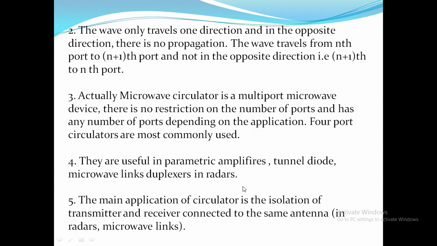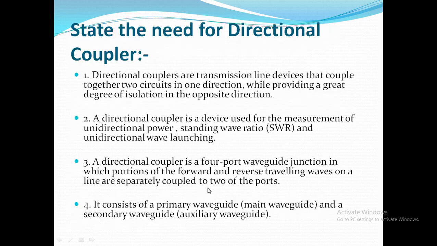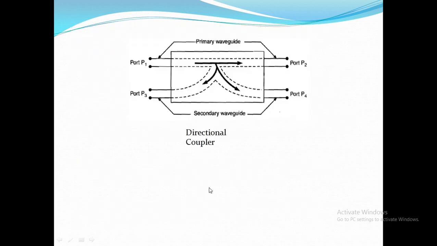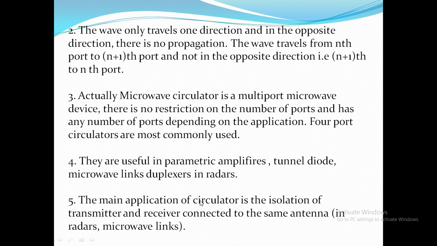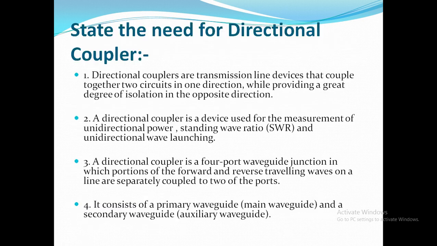They are useful in parametric amplifiers, tunnel diodes, microwave links, and duplexers in radar. The main application of the circulator is the isolation of the transmitter and receiver connected to the same antenna, that is, in radars and microwave links.